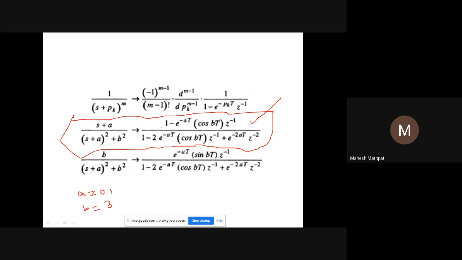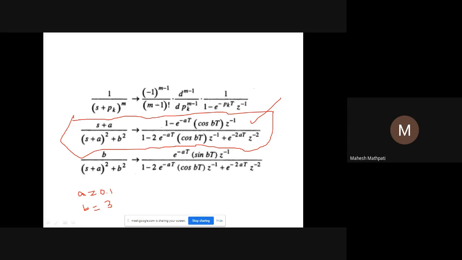Yes, sir. You just write down that formula, और बोल के लिखो. Other method: write down that formula, (s plus a) divided by ((s plus a) square plus b square), which is equal to (1 minus e power minus aT cos bT z inverse) divided by (1 minus 2 e power minus aT cos bT z inverse plus e power minus 2aT z power minus 2).